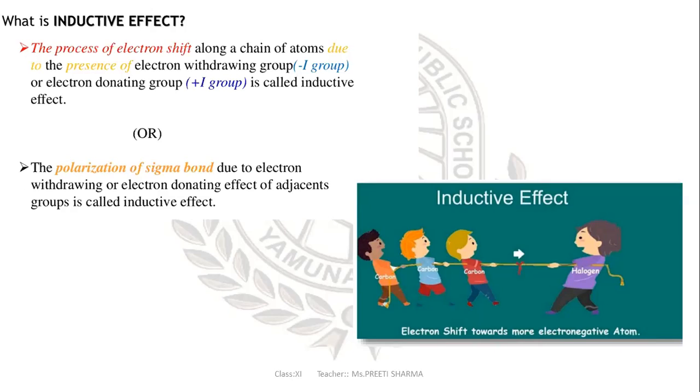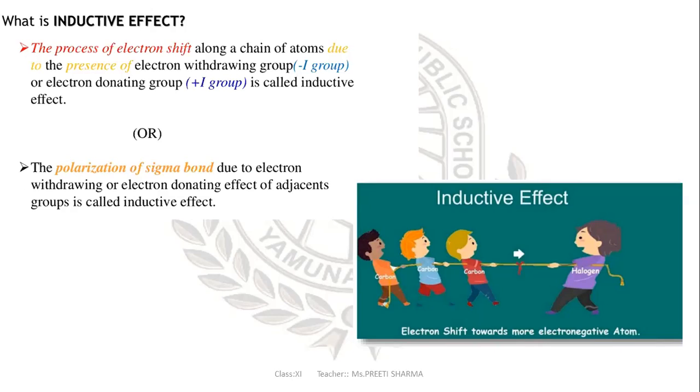Students, whenever we have a carbon chain and at the end of this carbon chain, if a withdrawing group is being attached or an electron donating group is being attached, there is a pull and push, right? And there is a shift of electron due to this pull and push. Clear to you? And whenever an electron withdrawing group is attached, that is known to be a minus I group. And if an electron donating group is being attached, that is called a plus I group, right?